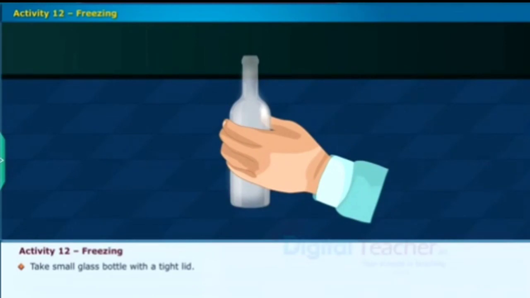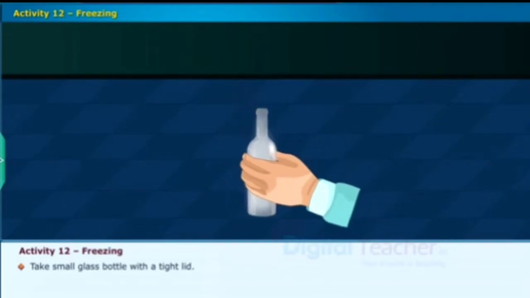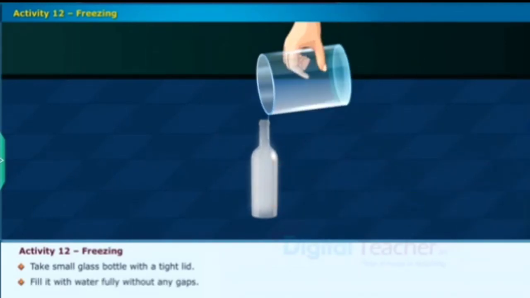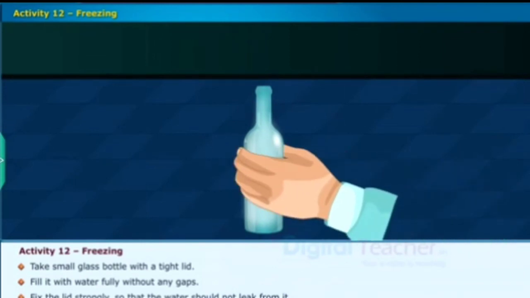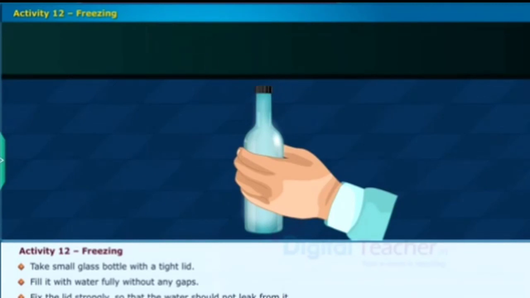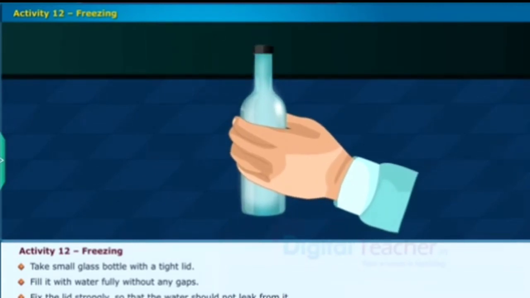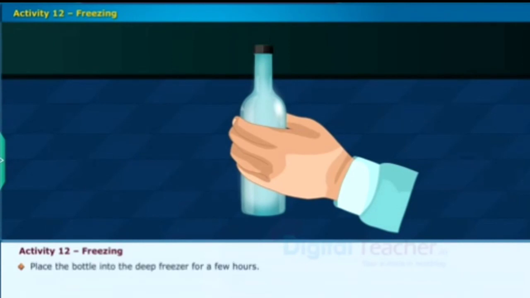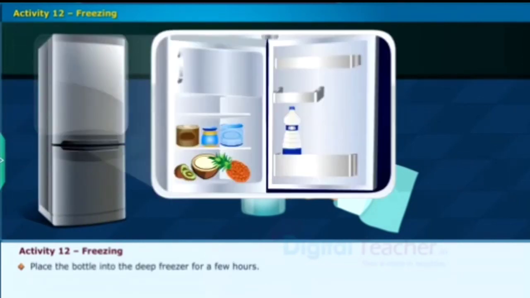Take a small glass bottle with a tight lid. Fill it with water fully without any gaps. Fix the lid strongly so that the water does not leak from it. Place the bottle into the deep freezer for a few hours.